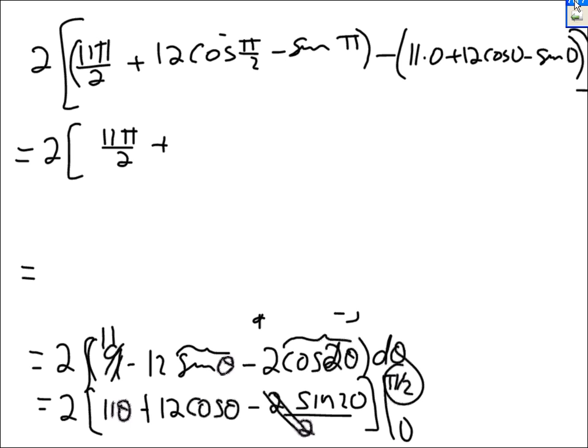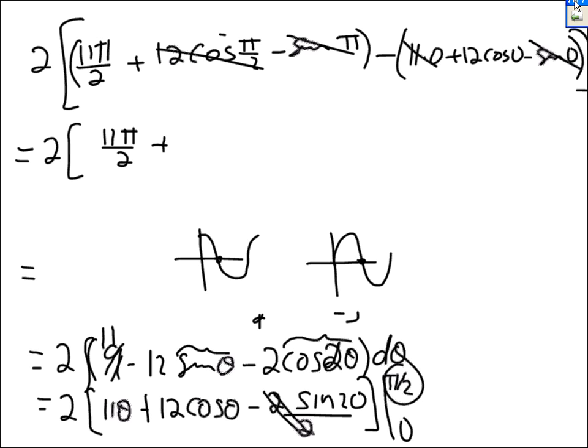Now, the cosine of pi over 2 is 0. The sine of pi is 0. The sine of 0 is 0. 11 times 0 is 0.